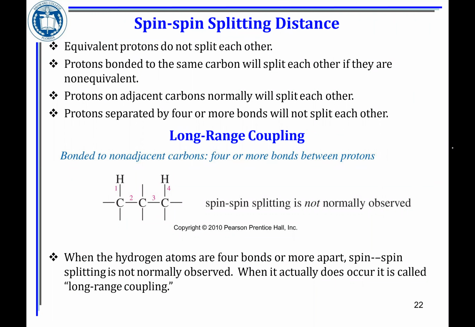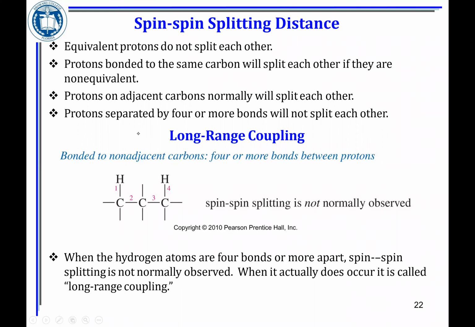So the coupling is not observed between hydrogen 1 and hydrogen 4. It does observe between hydrogen 1 and something on the neighboring carbon. So it goes 1, 2, 3 bonds away, not 4 bonds away. Okay.